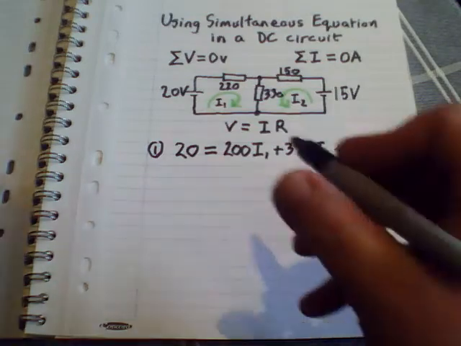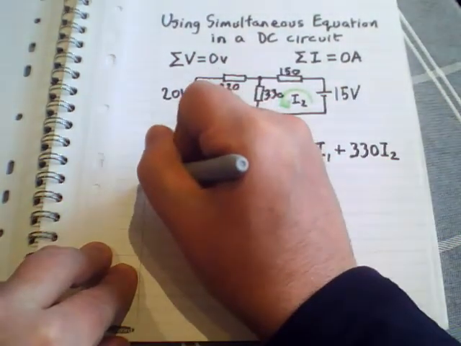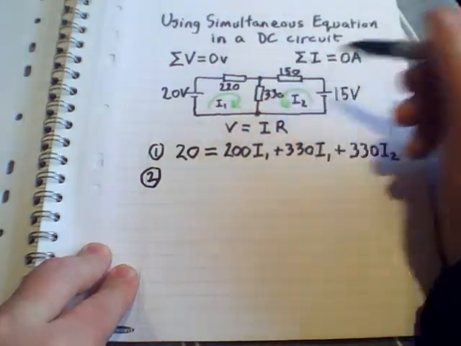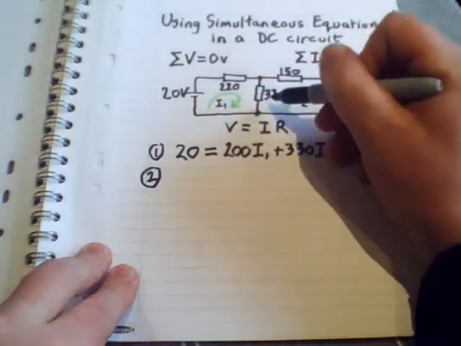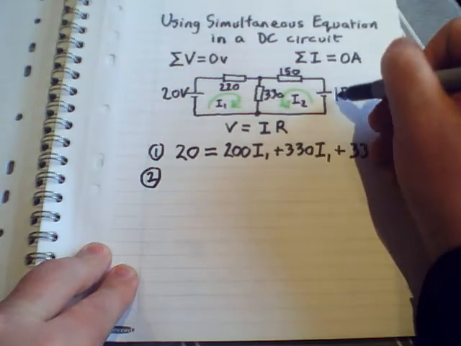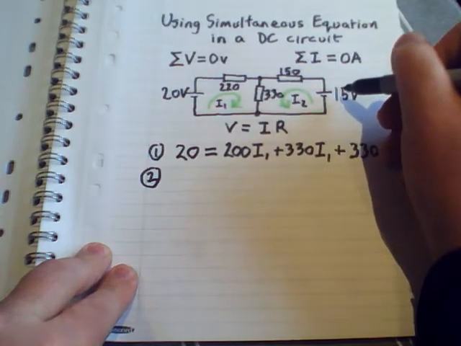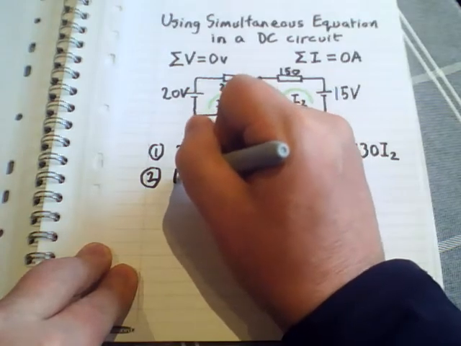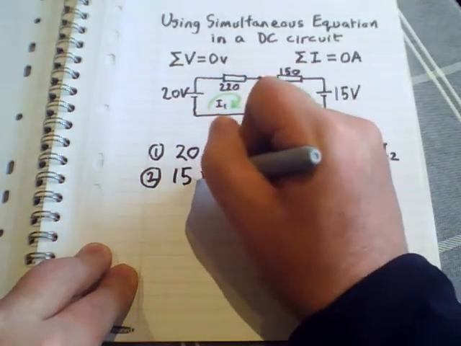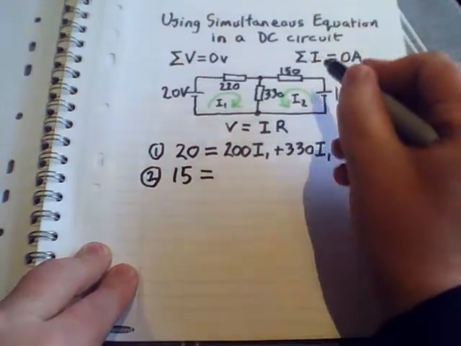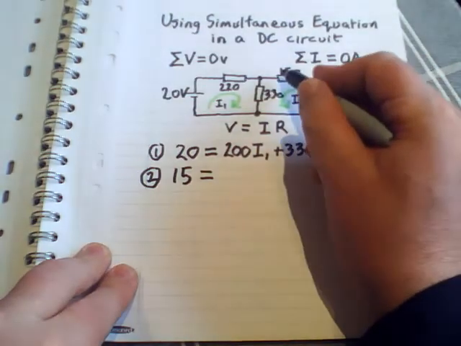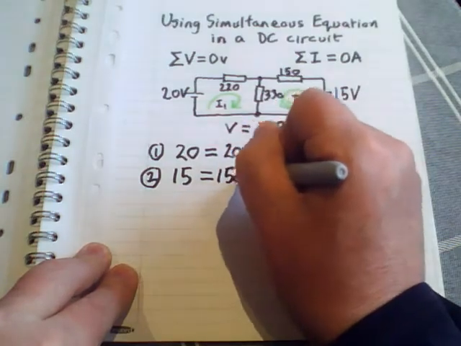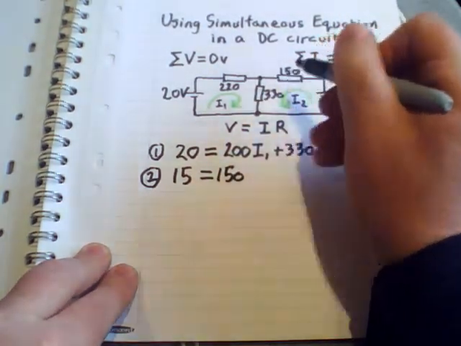The second equation I'm going to create by using this loop here. So all the voltages in this loop must add up to 15 according to Kirchhoff's voltage law again. So 15 will equal, so voltage drop across the 150, so 150, but this one of course is I2.